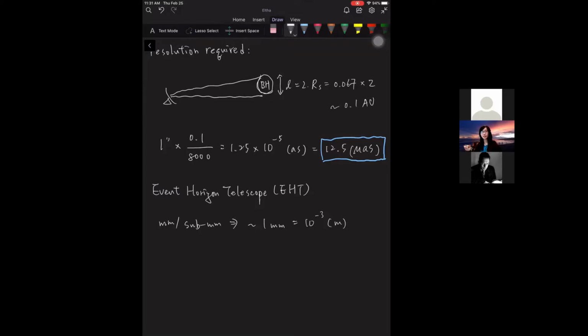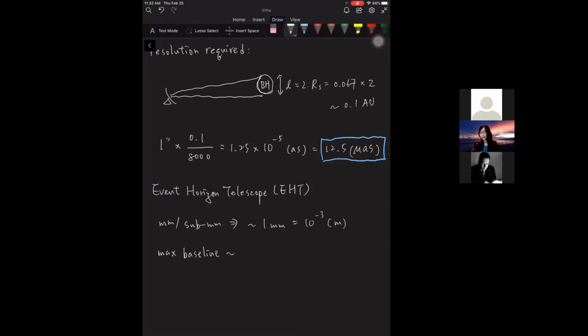It is a radio interferometer with antennas everywhere around the Earth. So we should replace the dish size with the maximum baseline between 2 antennas. So we will need the maximum baseline.